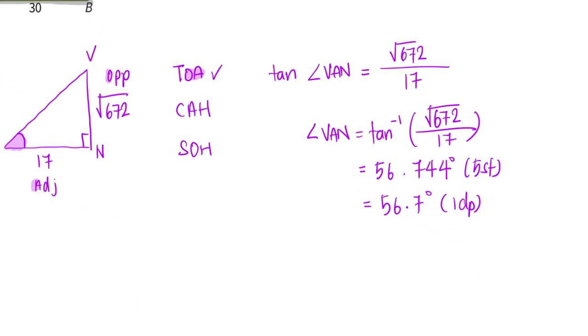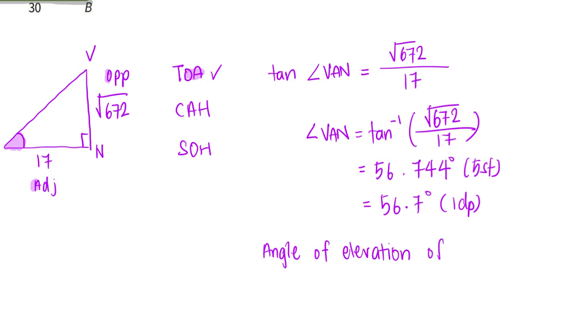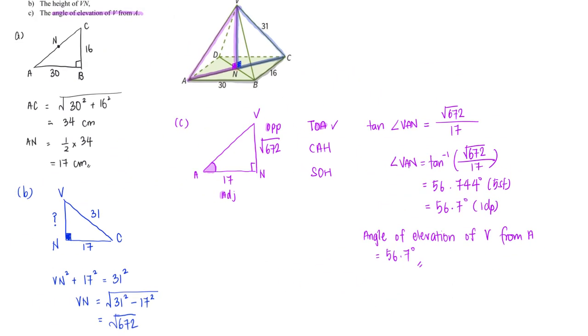And because we are talking about angle of elevation, this will be the best presentation. 56.7 degrees. Alright. Well, with that we have come to the end of this video.